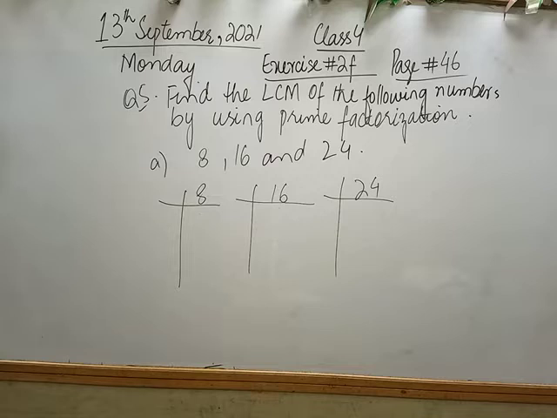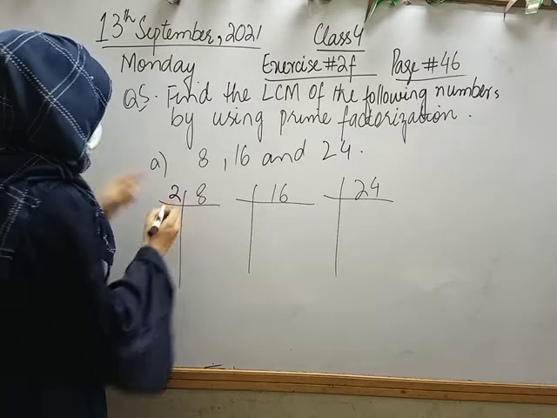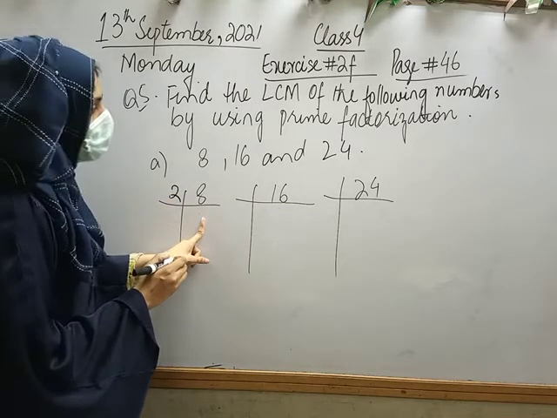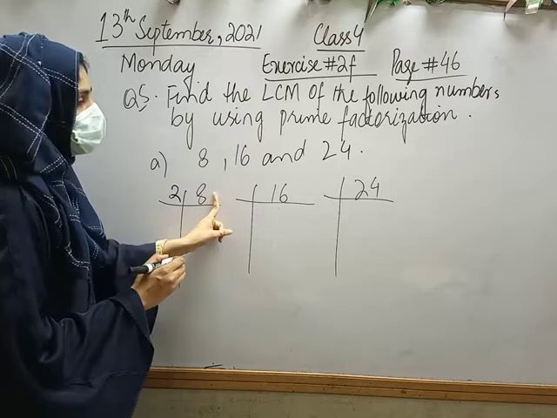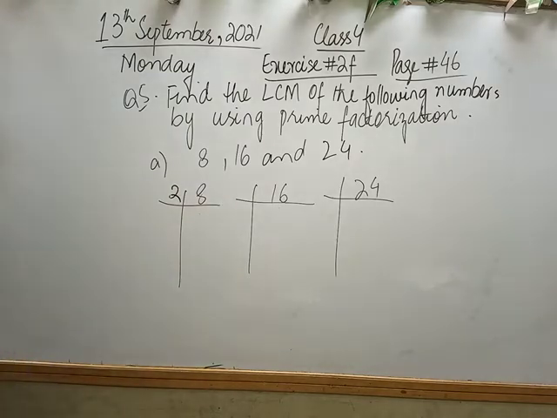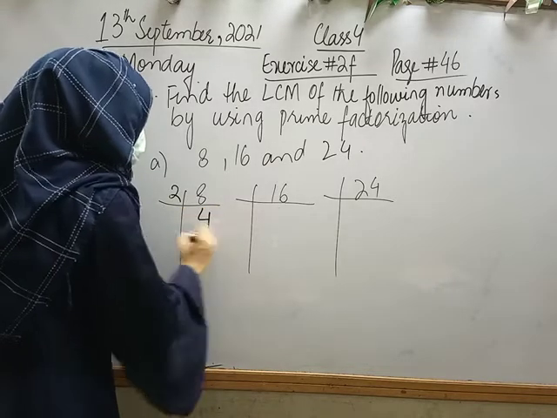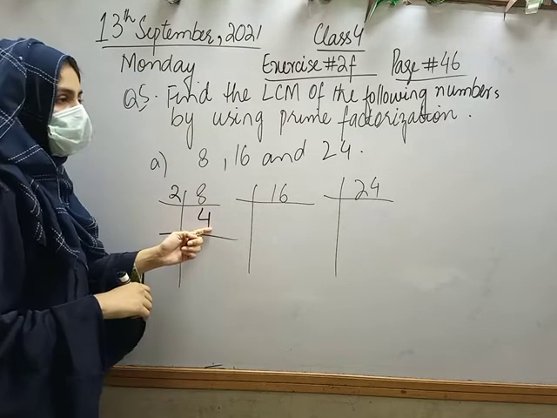Now I will take number 2. How many times will I multiply 2 to get 8? Abdul Rahman, who can tell me? How many times will I multiply 2 to get 8? Very good. 2 4 times is 8. Now we have 4.